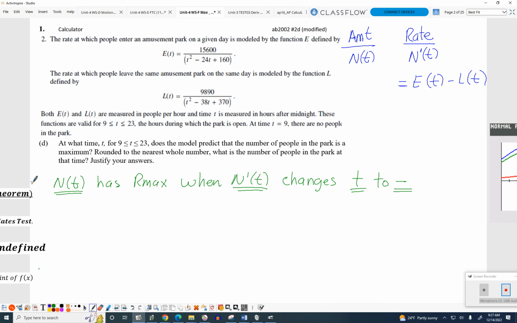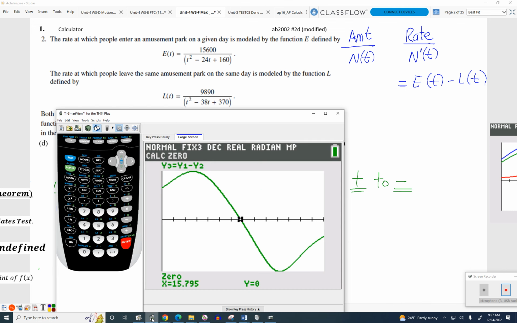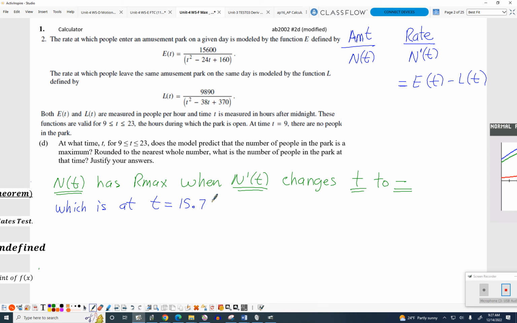N has a max when n prime changes from positive to negative, which is at t equals 15.795. Questions? I need to store that value somewhere, so I'm going to write here equals b, so the grader can see where I stored that value.